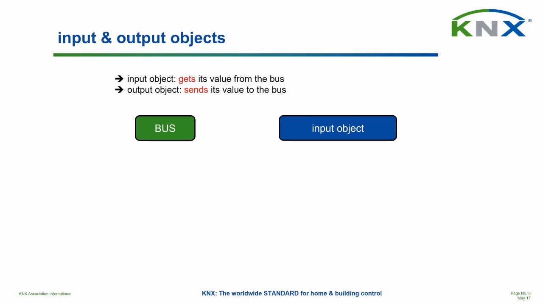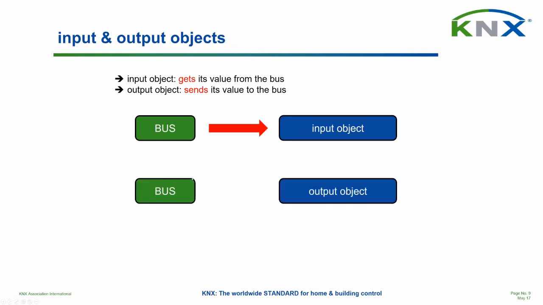So visually, it means this. We call an object an input object when it gets its value from the bus. When there is an output object, that is an object that will send its value to the bus. So the arrow goes clearly in the other direction.